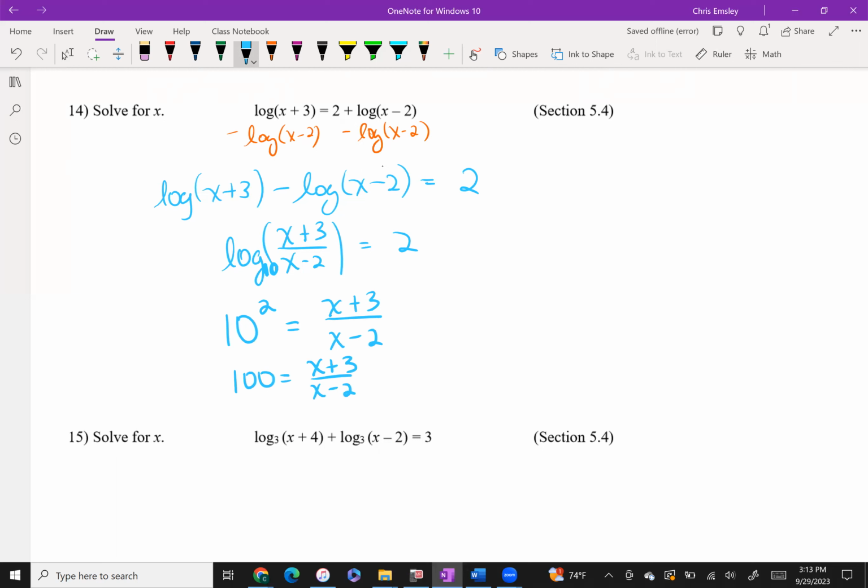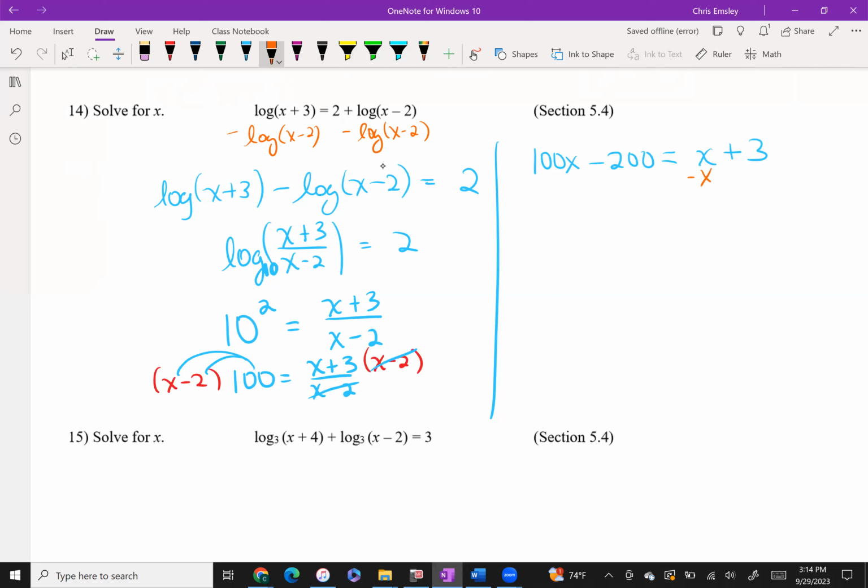Then we want to multiply both sides by x minus 2. When we do that, I will distribute that 100, so we have 100x minus 200. On the other side, we get canceling, and we just have the x plus 3. Let's gather up our like terms. So we'll take this x over here with these x's.